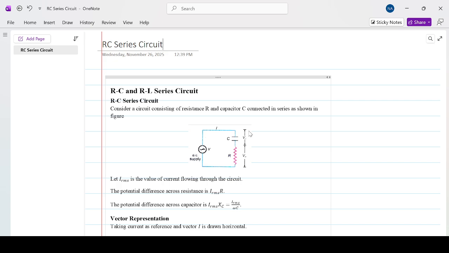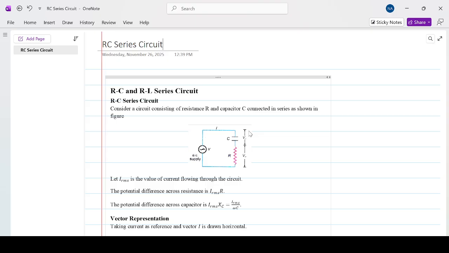For this circuit, the main idea is to calculate the IRMS and VRMS, and from that relation we will calculate the impedance of the circuit.